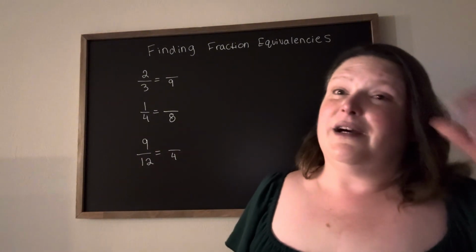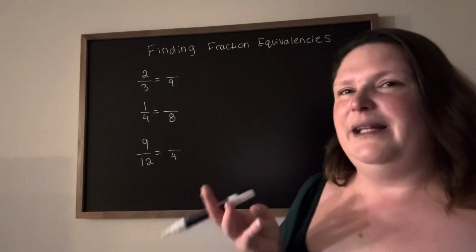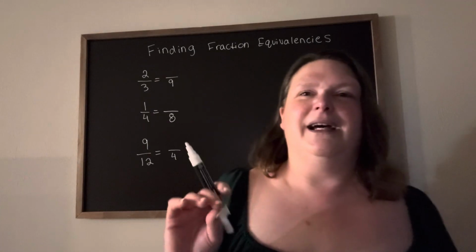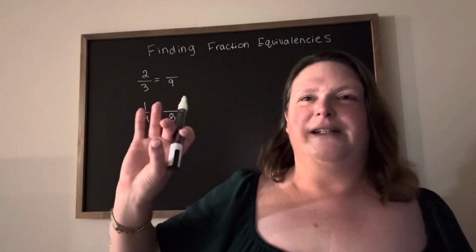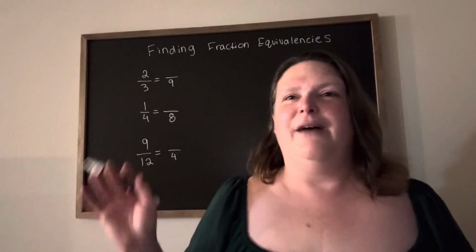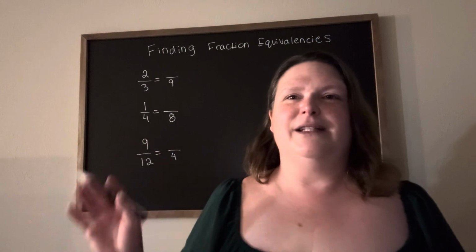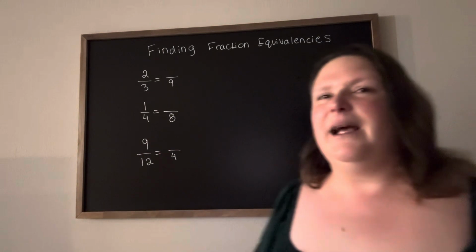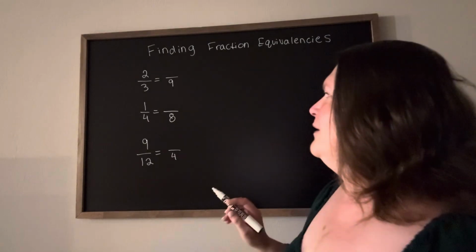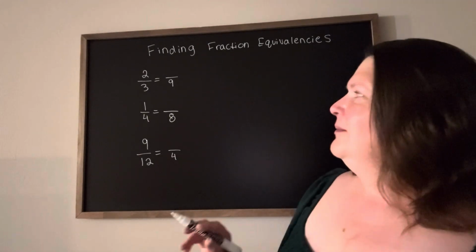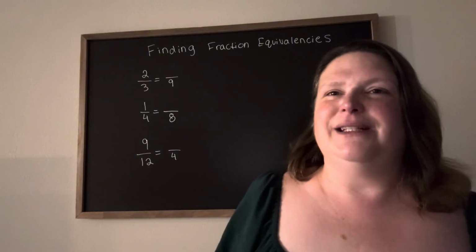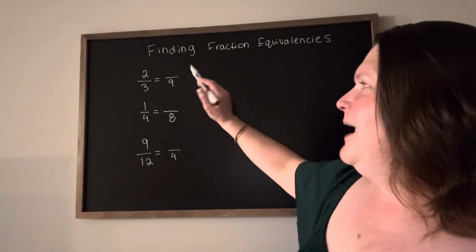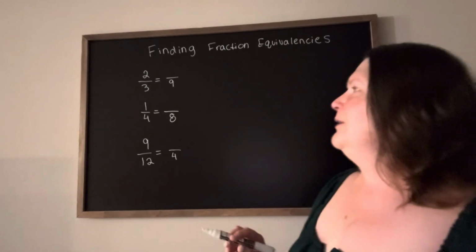Also, we used our fraction boxes, like I've explained in my previous videos, where you use plastic fraction pieces cut into little pie shapes, like halves, fourths, thirds, eighths, quarters, things like that. That helps them see that 2/3 is equal to something over 9. So let's get started to figure out how we find the fraction equivalency.